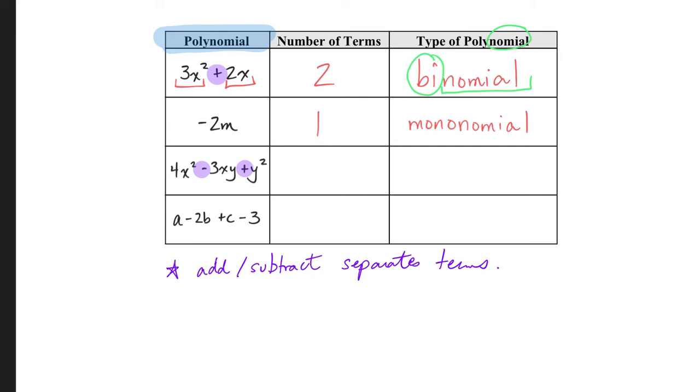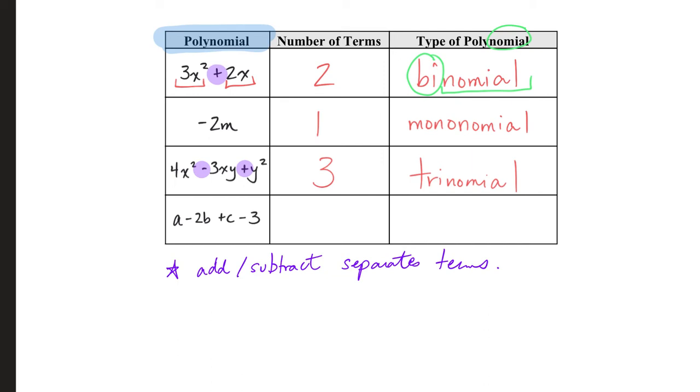So how many terms do we have? Yikes. We have 3. And here is where I'm going to say I think everybody should be able to fill in what type of polynomial that one is. Everybody should get this one. I think I should be good to just write that in right now. Yeah, a 3-term expression is called a trinomial.